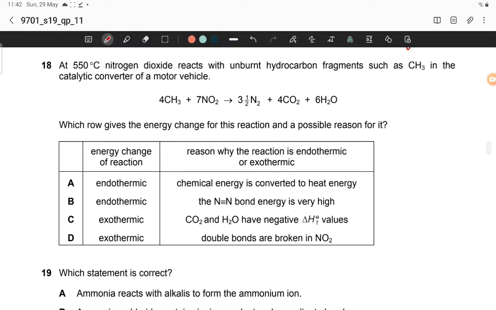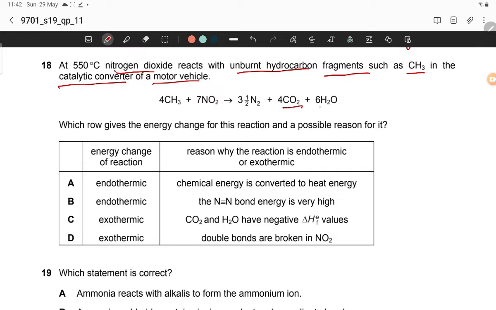Question number 19. At 550 degrees centigrade, nitrogen dioxide reacts with unburnt hydrocarbon fragments such as CH3 in the catalytic converter of a motor vehicle, giving N2, carbon dioxide plus 6H2O. Which row gives the energy change for this reaction and a possible reason for it?